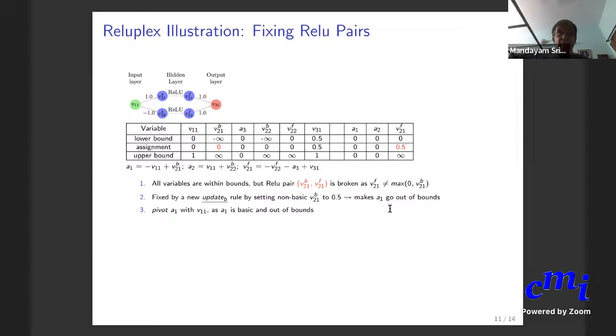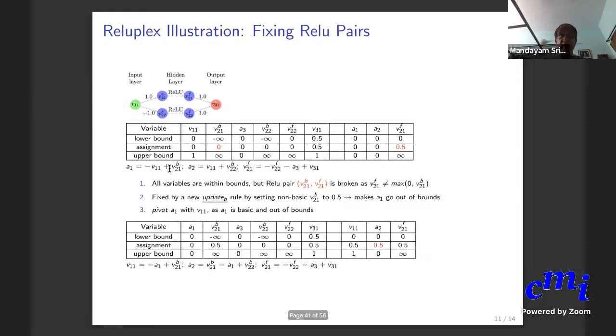But that makes A1 go out of bounds, because A1 depends on V21 of b, which changes to 0.5, so A1 is no longer 0. This equation is violated.